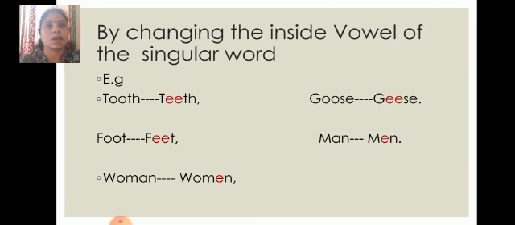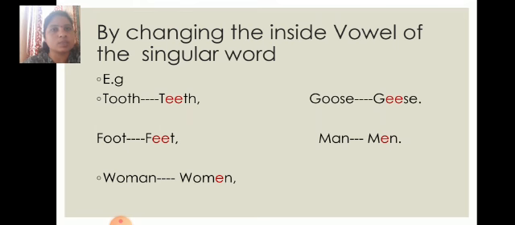Next rule is by changing the inside vowel of the singular word. Now look at these words. The first word is tooth. So tooth has the vowel o. In plural we change it and add the vowel e.